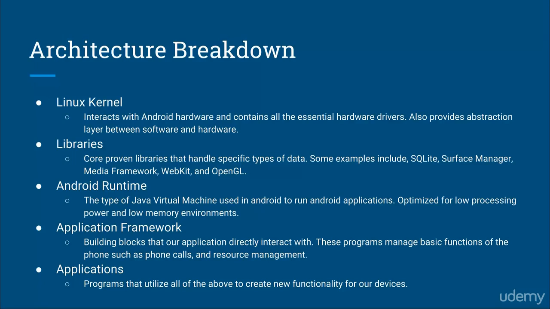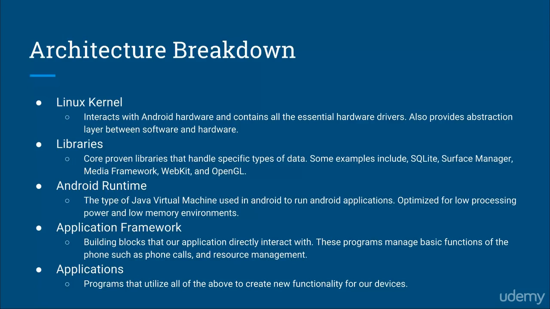So our application framework. Our application framework is building blocks that our applications directly interact with. These programs manage basic functions of the phone, such as phone calls and resource management. So these are the tools or the blocks that we're going to grab and utilize when we are working with or building our applications. Say we want to make an application that deals with managing phone calls.